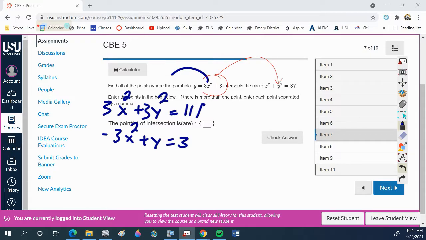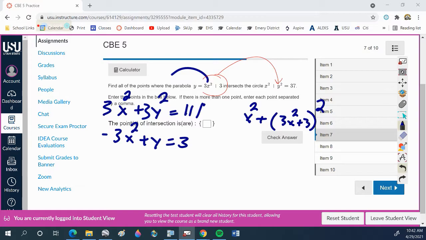Okay. So if you did substitution, you would get x squared plus 3x squared plus 3 squared. I don't like that. That's going to create an x to the 4th. Right?